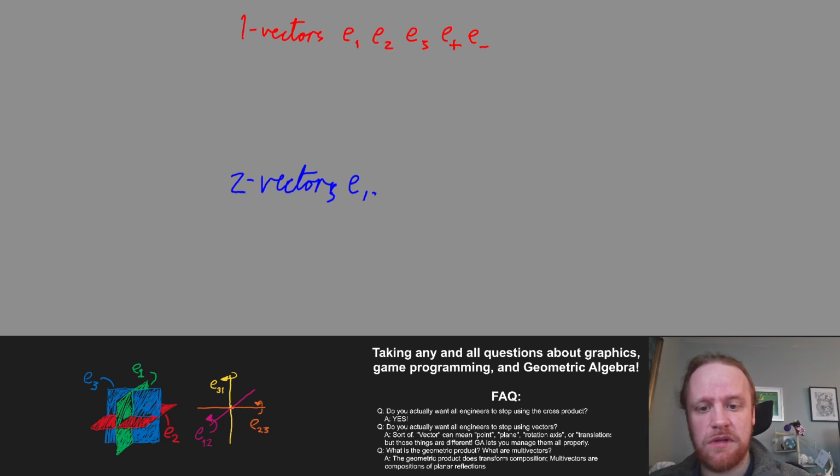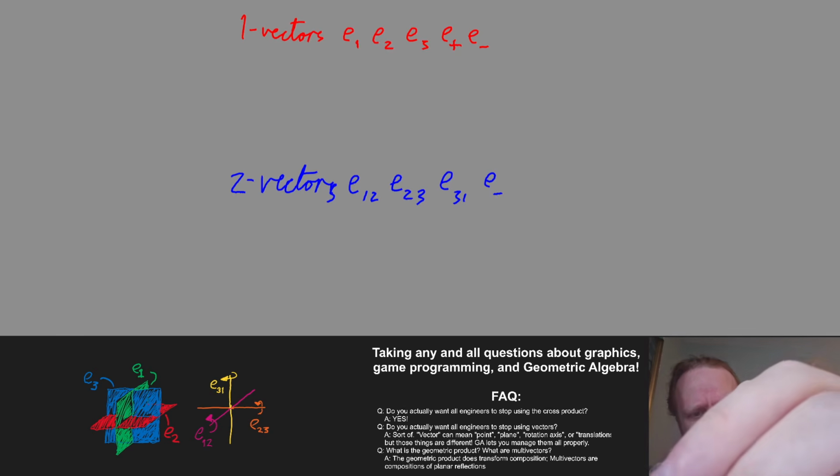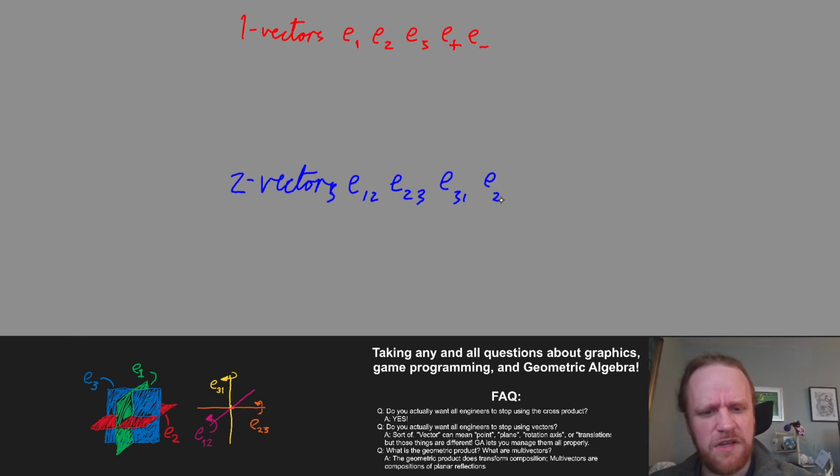E12, E23, going to have to do all of them. E31, E1 plus, E2 plus... No, do you know what? I'm going to adopt the convention that I usually do, so I put those at the end. I'm tempted to do it the other way around, plus E1, plus E2, but that's a temptation coming from projective geometric algebra.